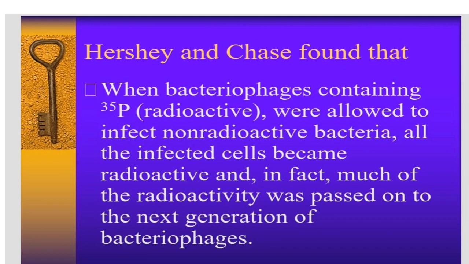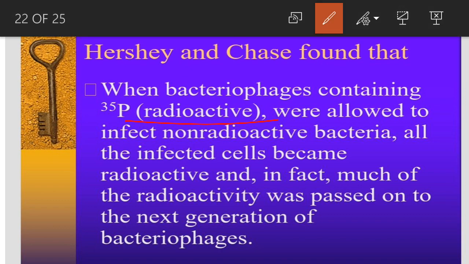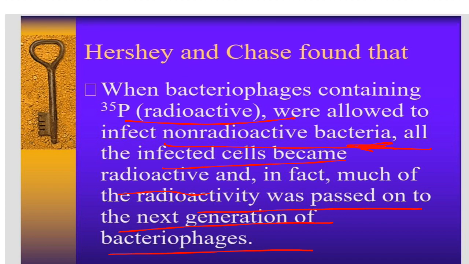Bacteriophages containing P32 were allowed to infect non-radioactive bacteria. All the infected cells became radioactive. So it is clear that when the bacteriophages were labeled with phosphorus and allowed to infect non-radioactive bacteria, the infected cells became radioactive because the radioactivity was passed on to the next generation of the bacteriophages.